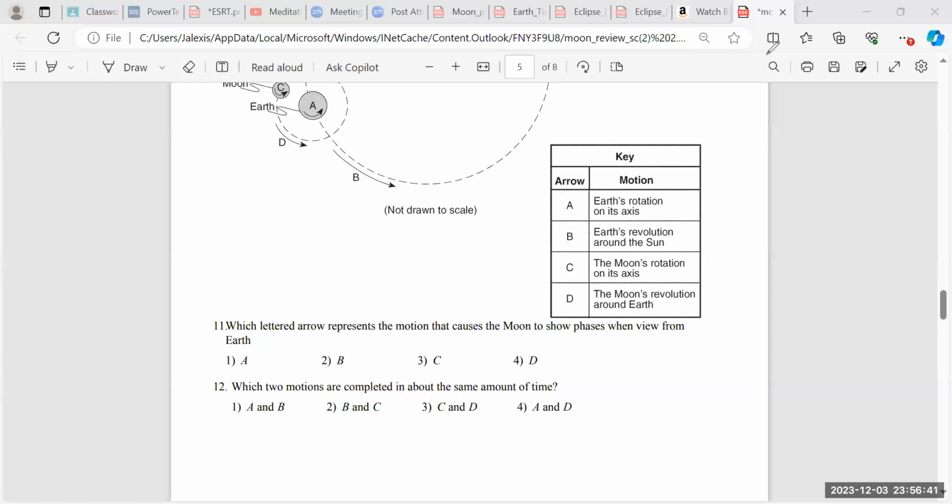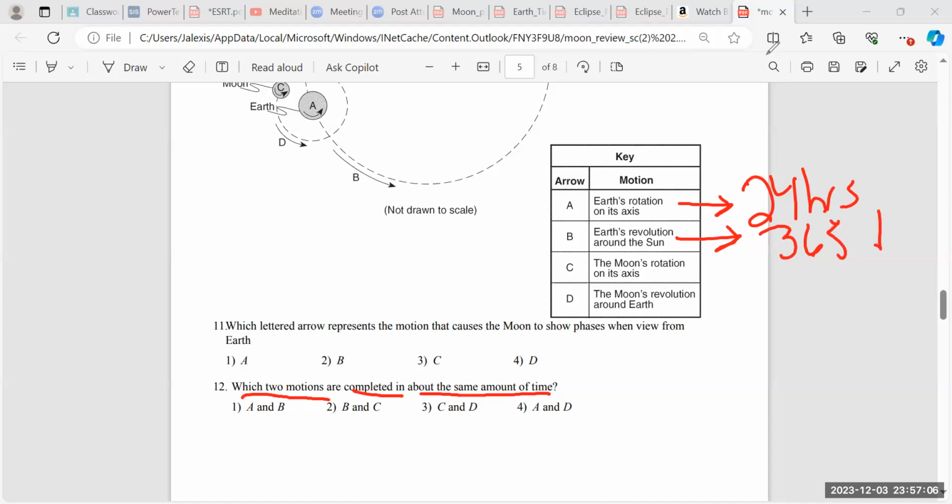All right, number 12, it says, which two motions are completed in about the same amount of time? We literally just went over this, but let's go through it. The Earth's rotation, one rotation takes about what, everybody? 24 hours. The Earth's revolution takes how long for one revolution? 365 days.